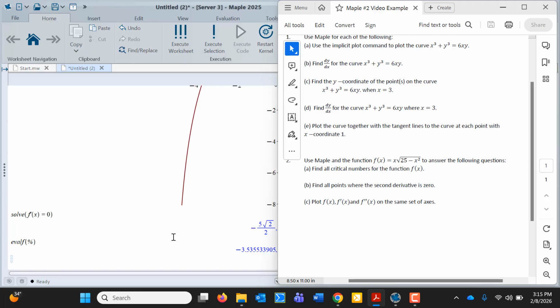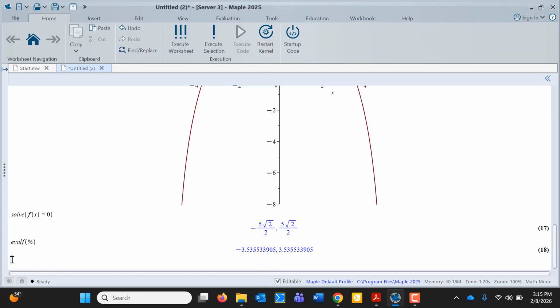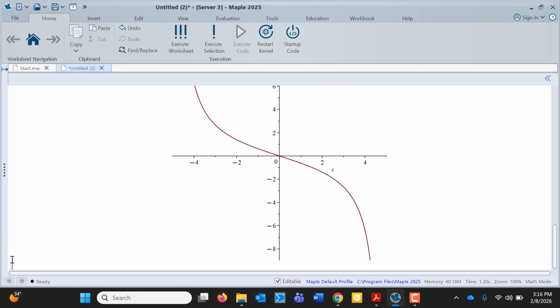Okay, so again, before I actually physically find those, let's look at the plot of f double prime of x. And if I do x from negative 6 up to 6, I'm going to show you something here. Here's what we see.